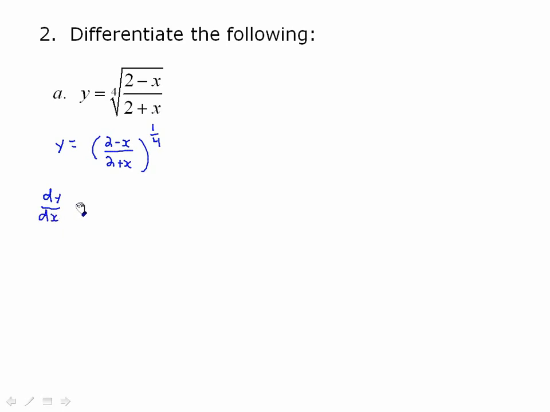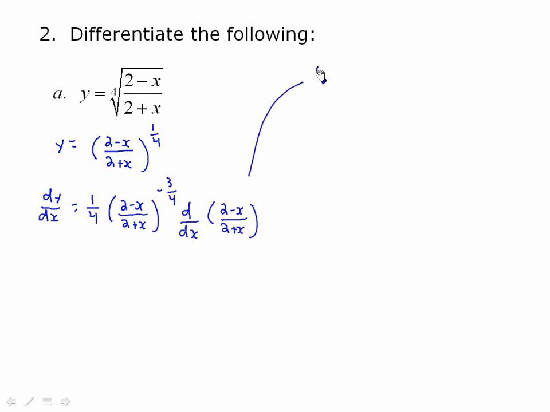dy dx is equal to 1/4 multiplied by 2 minus x over 2 plus x to the negative 3/4 multiplied by the derivative with respect to x of 2 minus x divided by 2 plus x. And this is where the quotient rule comes into play.